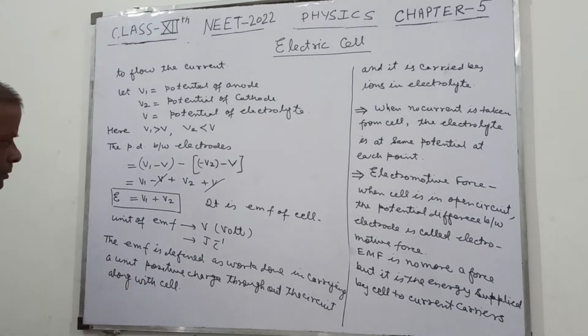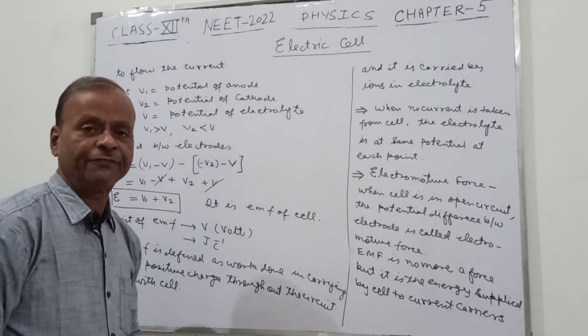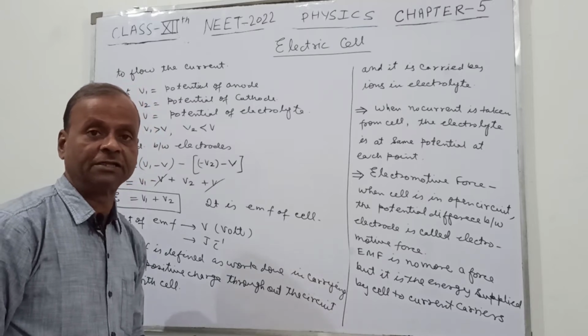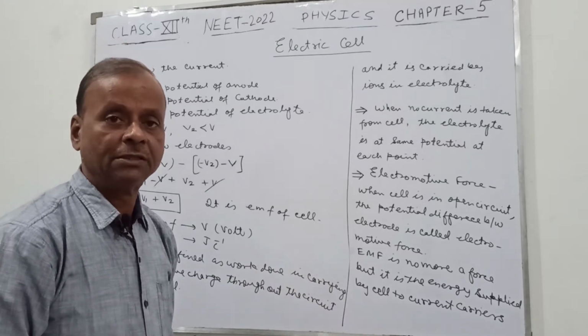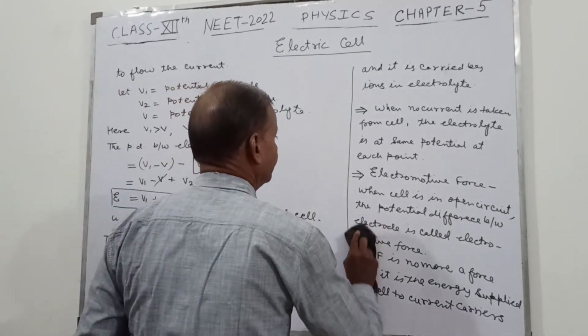So this is the meaning of the EMF of this cell. And this EMF is always greater than the terminal voltage of the electric cell.